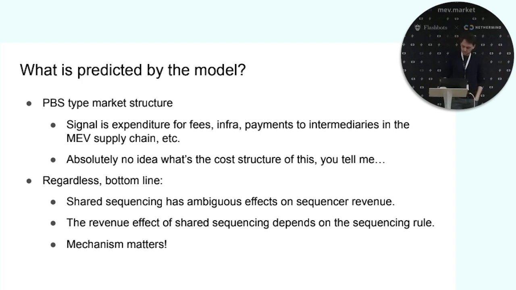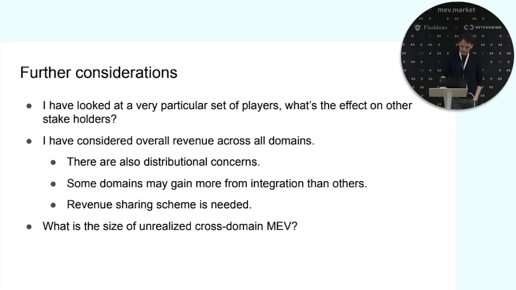So that looks at the global pie that you can extract. Of course, you can also look at what we've seen in previous talks: revenue across distributional concerns, where there's one domain and another domain. One domain generates less value than another domain, and so they might have conflicting or different motivations to integrate. They might have more or less of a gain from integration.